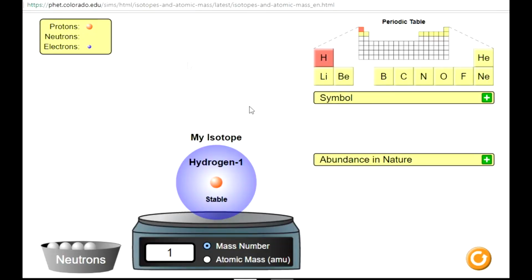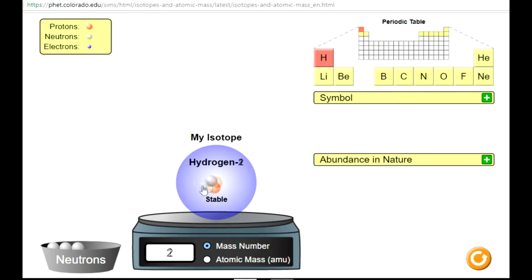So I thought I'd share this website with you. I think it's brilliant. It shows you a few different elements from the periodic table, and gives you the numbers of protons, neutrons, and electrons. This is hydrogen, the example which I showed you. Here, you've only got one proton with no neutrons, which is why this one's blank, and this shows you the mass number, just one.